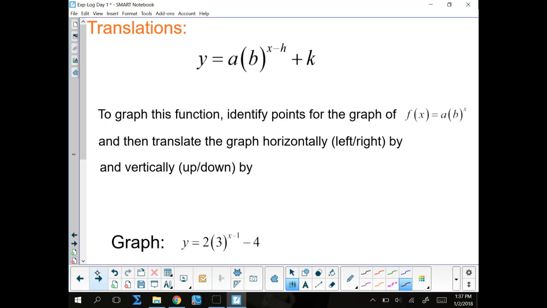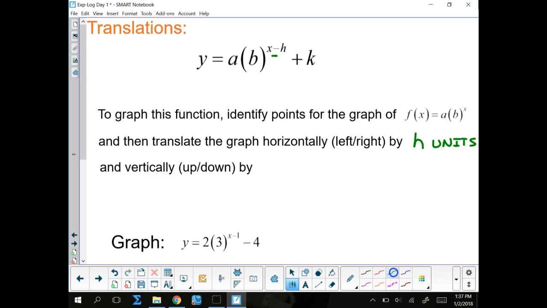Okay? So, we're going to translate that. A times b to the x minus h power, then plus k, translates the graph horizontally by h units.